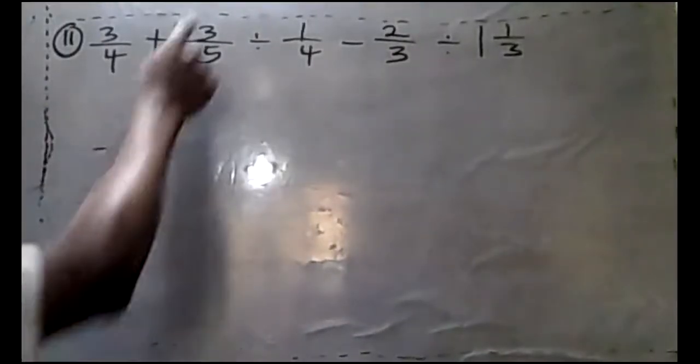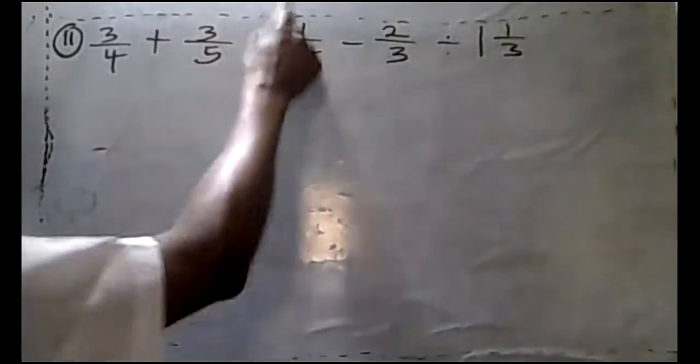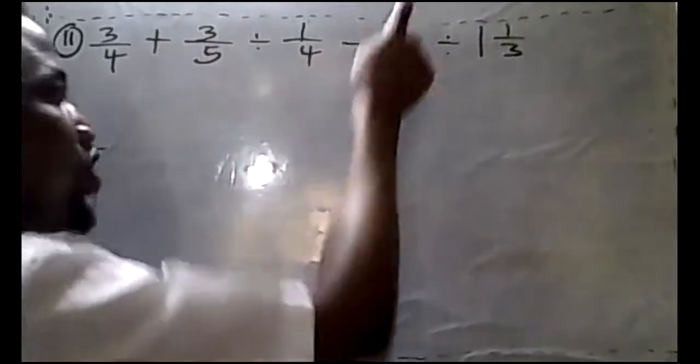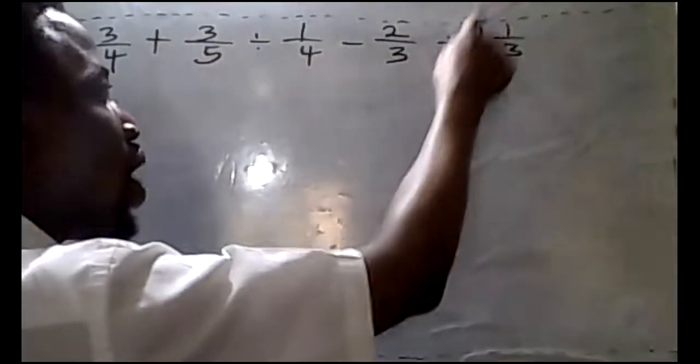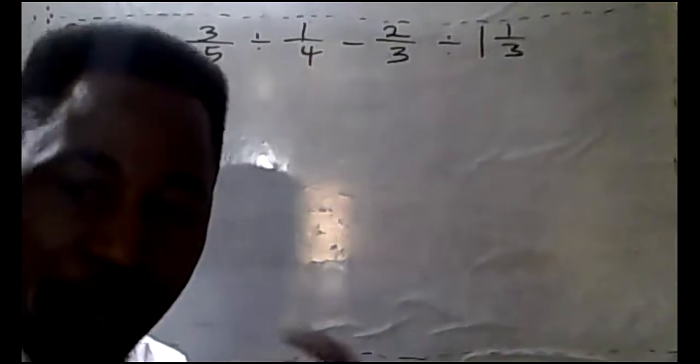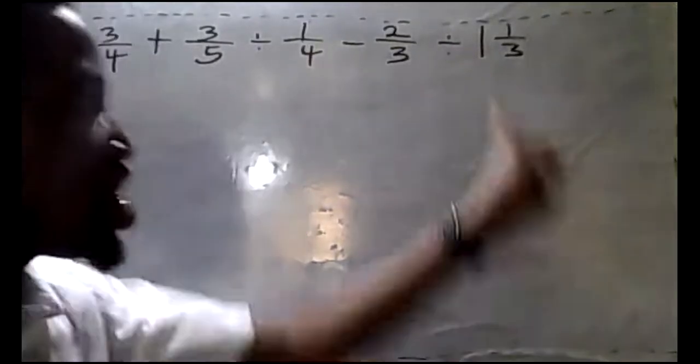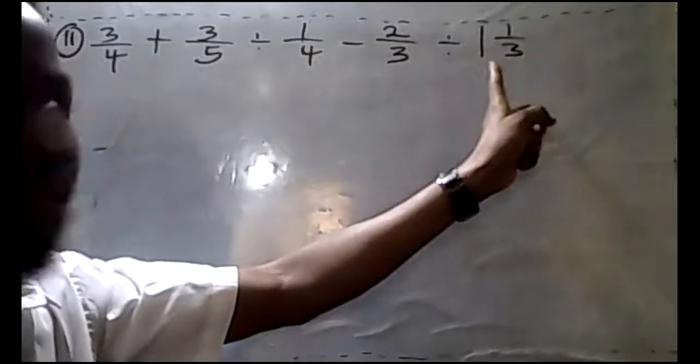3 over 4 plus 3 over 5 divided by 1 over 4 minus 2 over 3 divided by 1 whole number, 1 over 3. Now, the first thing you need to do is change the mixed number to improper fraction.